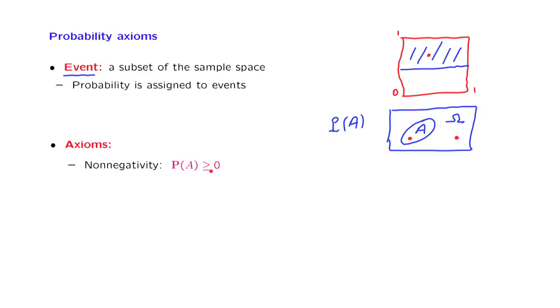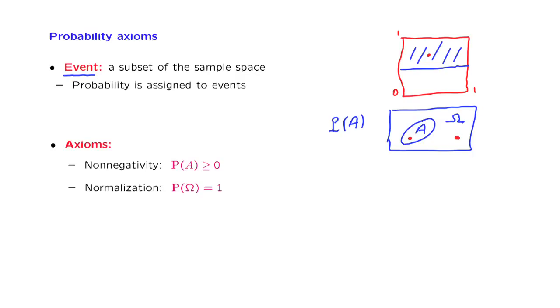It's a reasonable rule. The second rule is that if the subset that we're looking at is actually not a subset, but is the entire sample space omega, the probability of it should always be equal to 1. What does that mean? We know that the outcome is going to be an element of the sample space. This is the definition of the sample space.